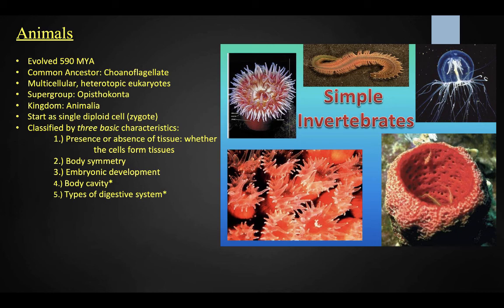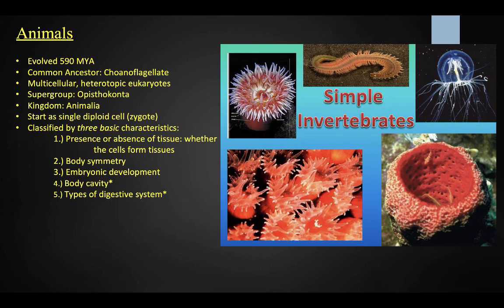And the final is the type of digestive system. It can not have a digestive system, or it can have a digestive system. It can be a complete digestive system, which is called a tube gut, similar to what we have, where it has 2 openings, a mouth and an anus.